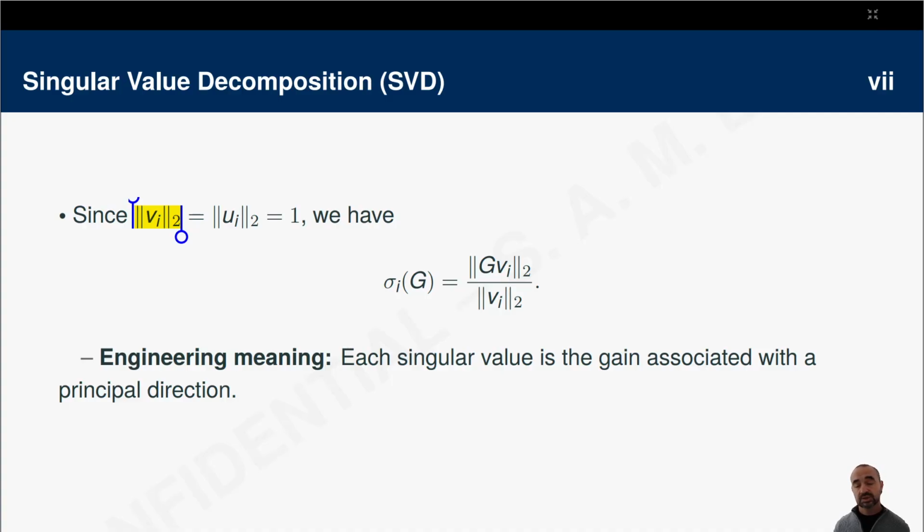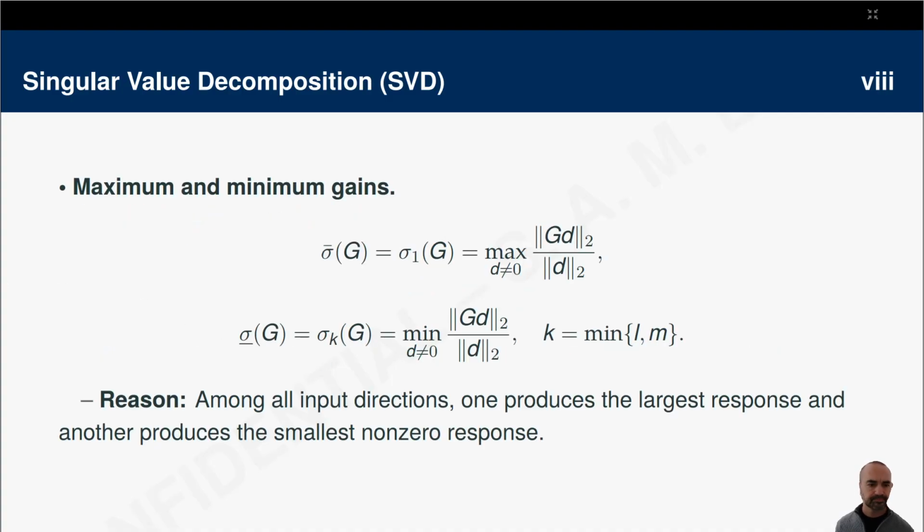They are literally gains. In an engineering sense, each singular value is the gain associated with a principal direction.